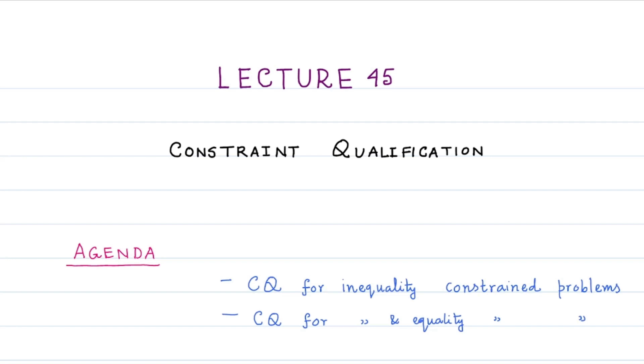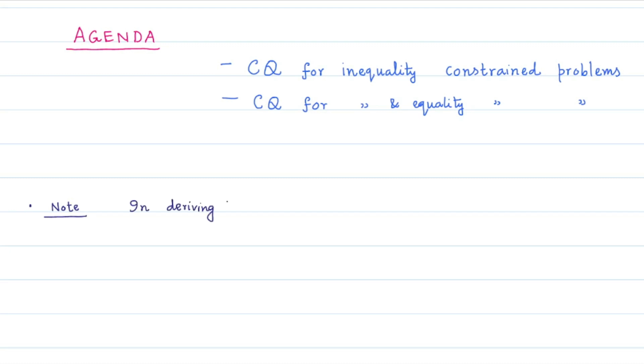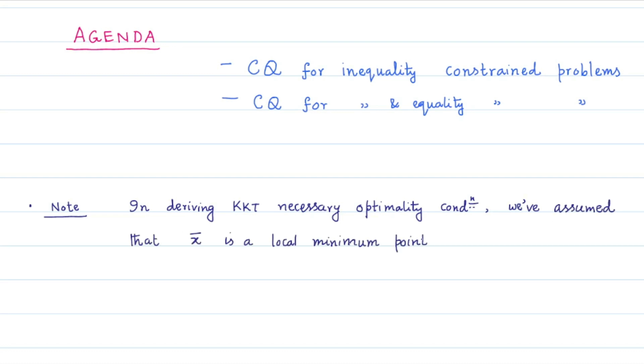If we recall the KKT necessary optimality condition for a constraint optimization problem, in the statement of the theorem of the first order necessary optimality condition, you will see that we have assumed that the point x bar is a local minimum point of the constraint optimization problem, and in addition to this local optimality, we also have assumed that the dual of the linearizing cone at the point x bar is equal to the dual cone of the tangent cone at the point x bar.